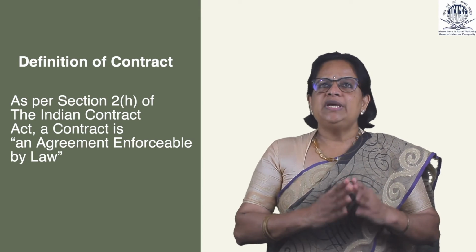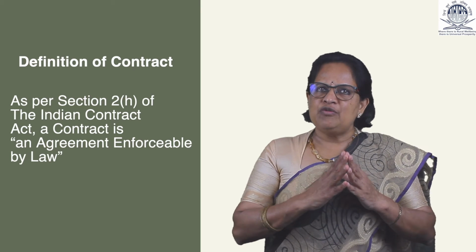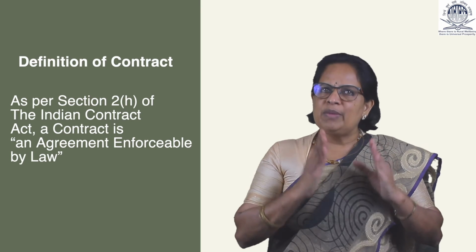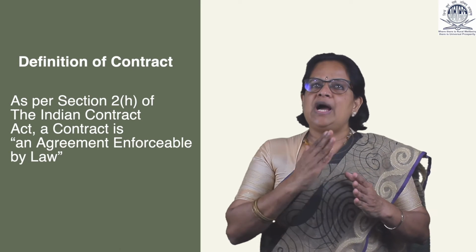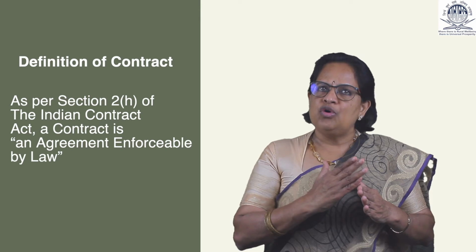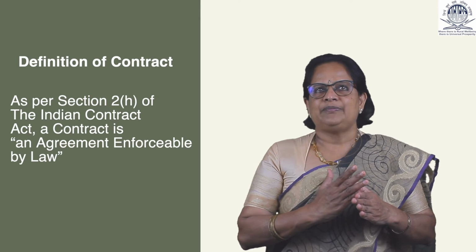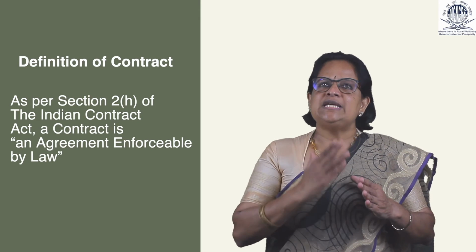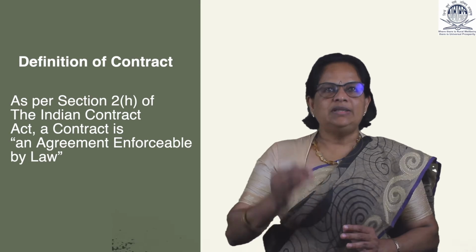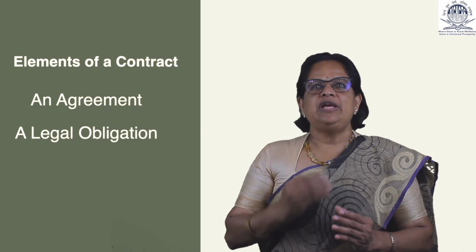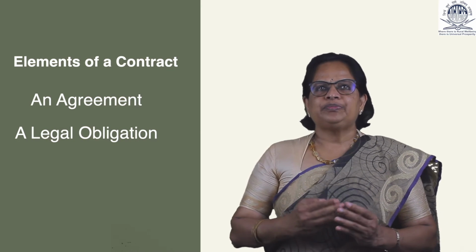For example, if I am entering into an annual maintenance contract for my water purifier, by paying the required amount, I am entitled to get the 4 quarterly maintenances. The service provider has a legal obligation to do the quarterly maintenance. This is an example of a contract. What are the essential elements of a valid contract?